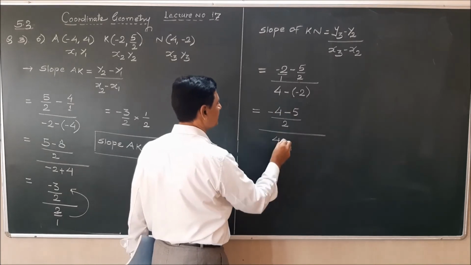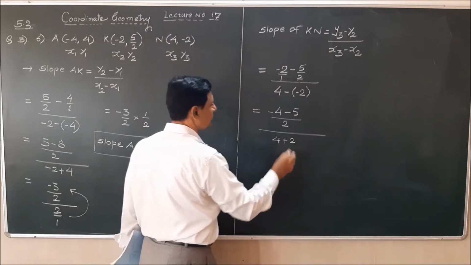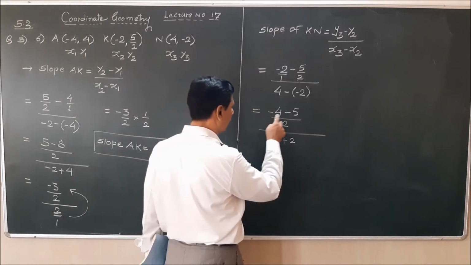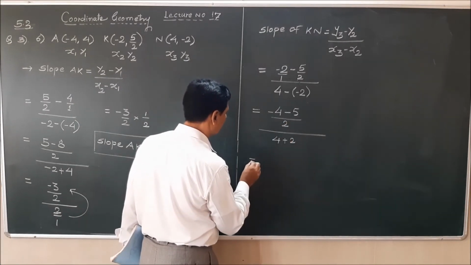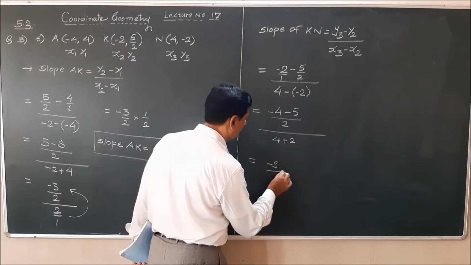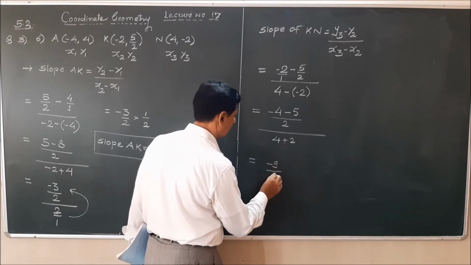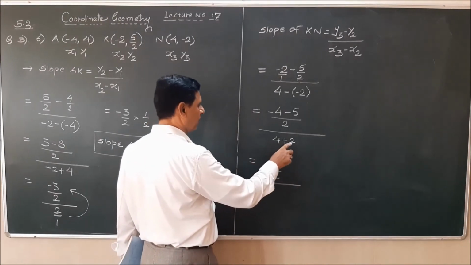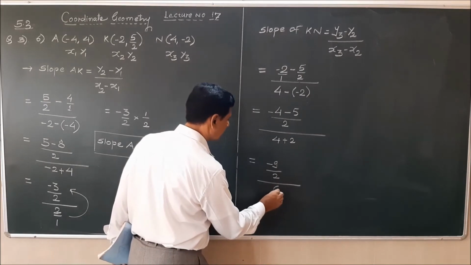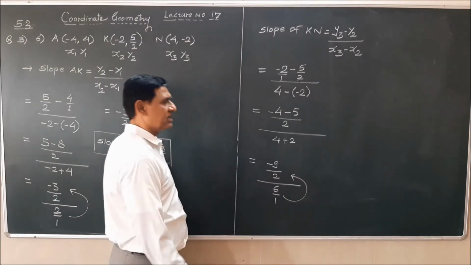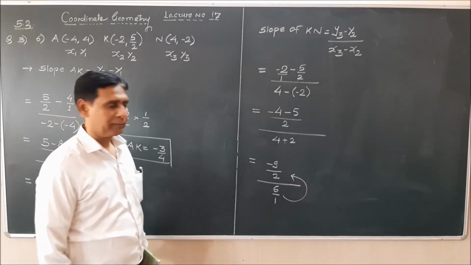Minus into minus is again plus. So that is 4 plus 2. So minus 4 minus 5 is equal to minus 9 upon 2, divided by 4 plus 2 is 6. 6 means 6 upon 1.